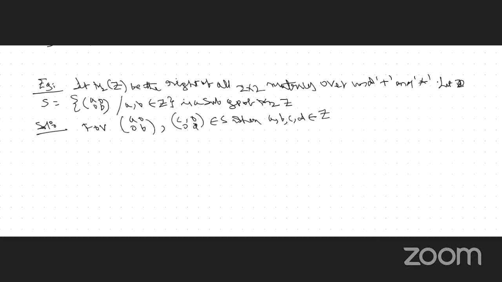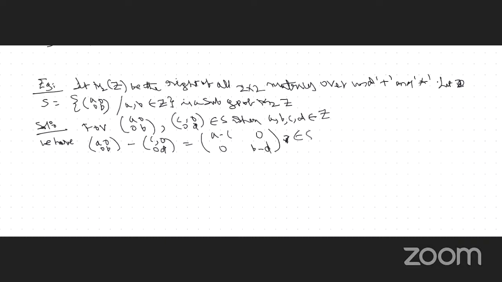So we have [A 0; 0 B] minus [C 0; 0 D], which is equal to [A minus C, 0; 0, B minus D], which belongs to S.